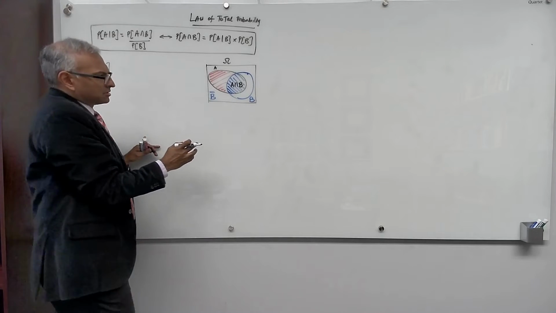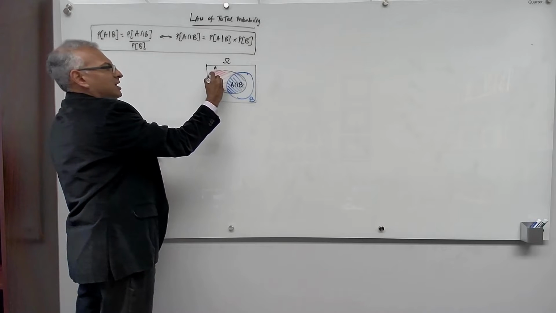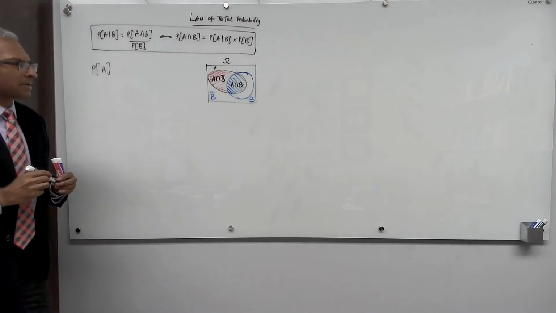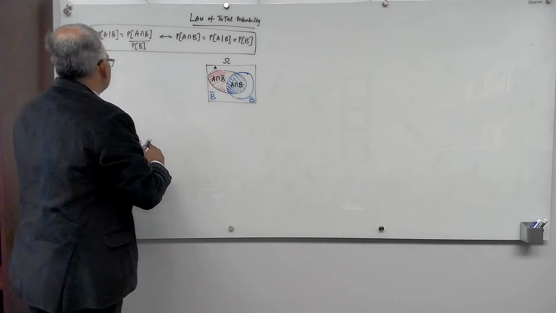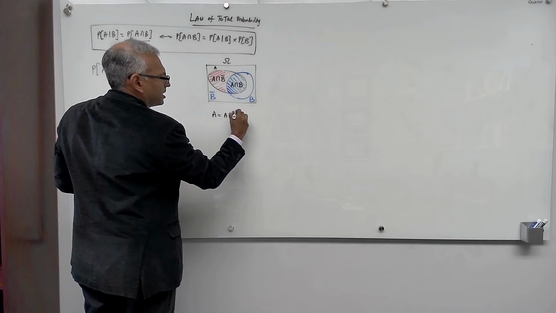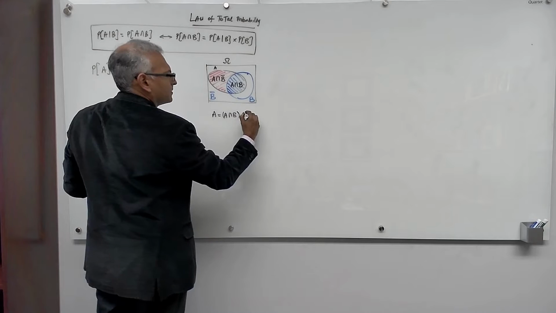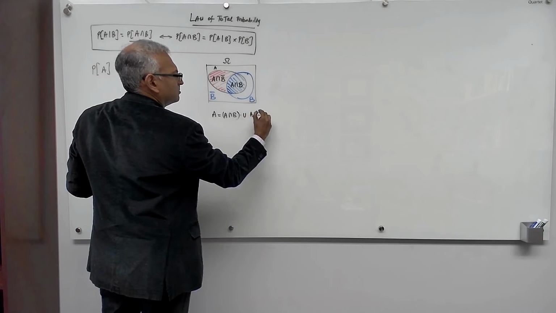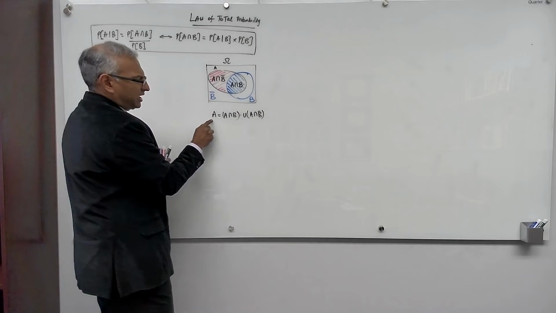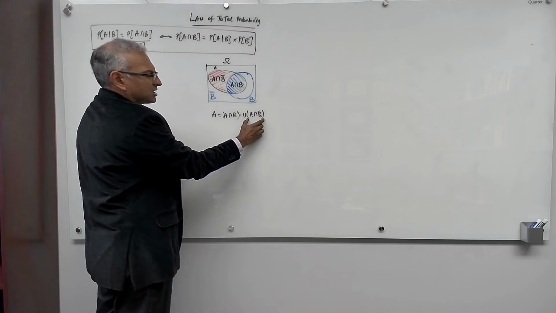Well, it's A intersected with what's outside B. So this is A intersection B bar. So A is equal to A intersection B union A intersection B bar. And you can see that these are two disjoint sets, so the outcomes in A are those in A intersection B together with those in A intersection B bar.